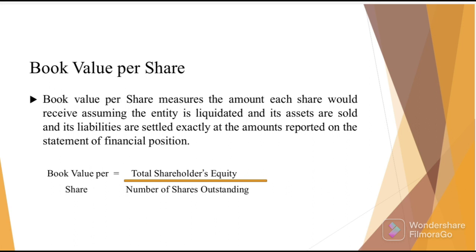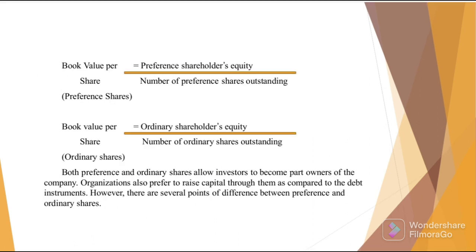So the formula for book value per share is book value per share equals total shareholder equity divided by number of shares outstanding. If there are two or more classes of shares, such as preference and ordinary share, then for preference shares, book value per share equals preference shareholders equity divided by number of preference shares outstanding.